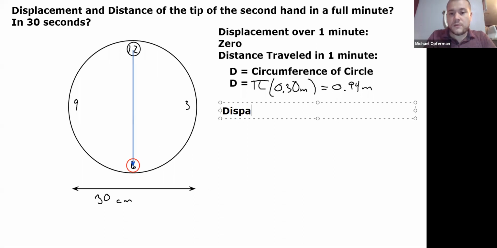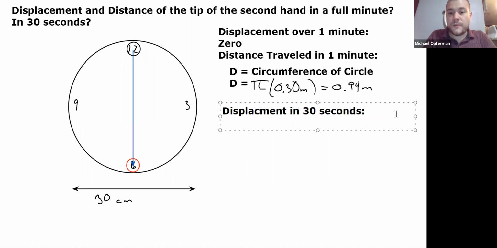So displacement in 30 seconds is going to be equal to the diameter of the clock, 30 centimeters. Or I should more exactly say the magnitude is going to be equal to 30 centimeters.